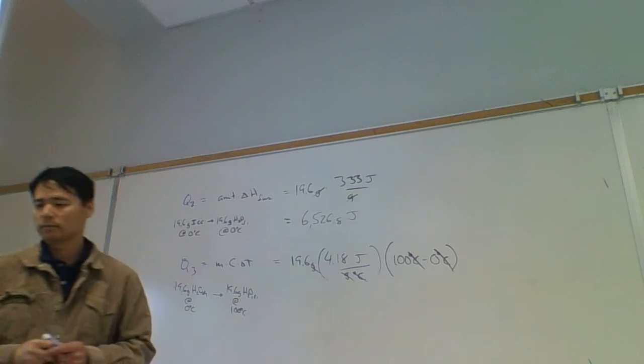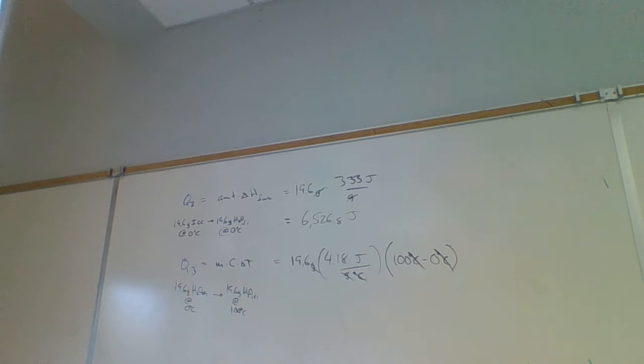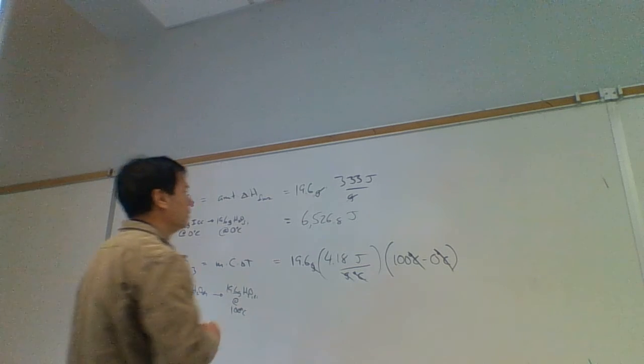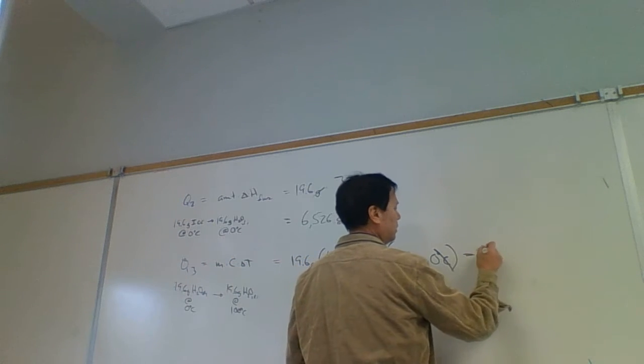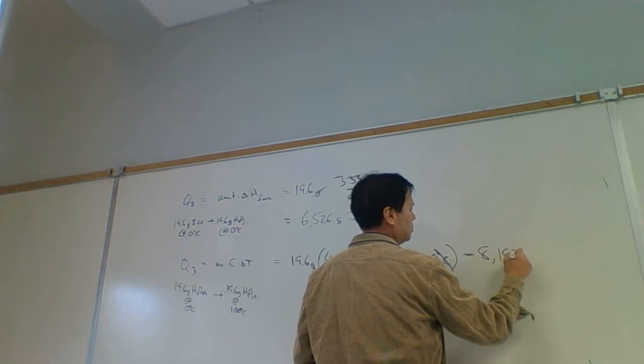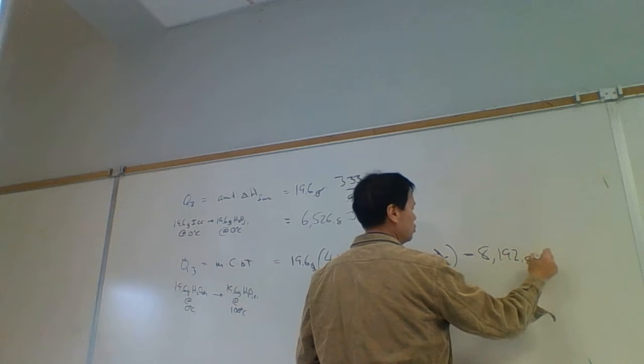So let's see. It's 19.6 times 4.18 times 100. 8,192.8. 8,192.8 joules.